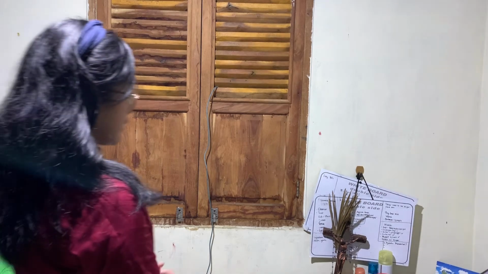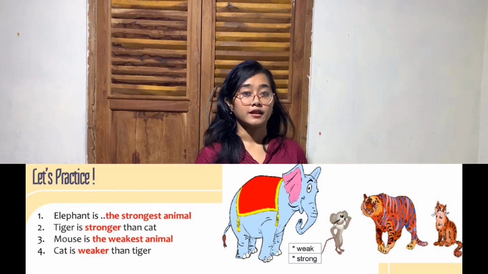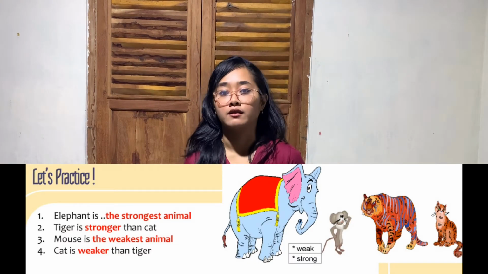Okay, let's take a look. Let's discuss together. Thank you, Yesta, for reading the question and answer of the exercise. Okay, number 1. Elephant is the strongest animal.